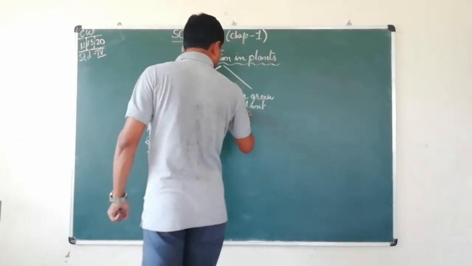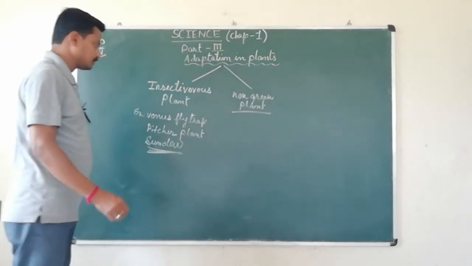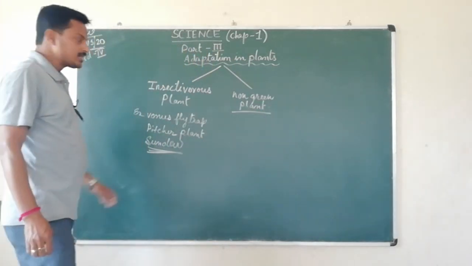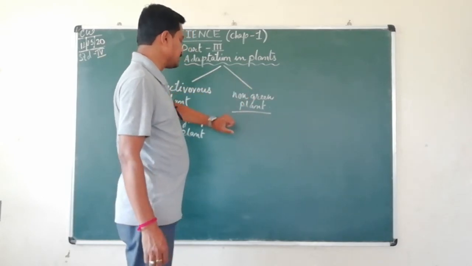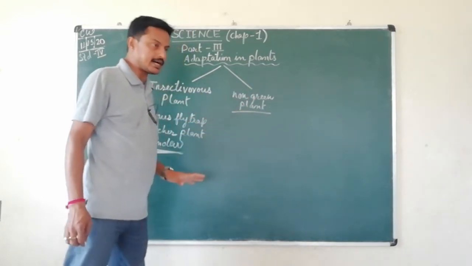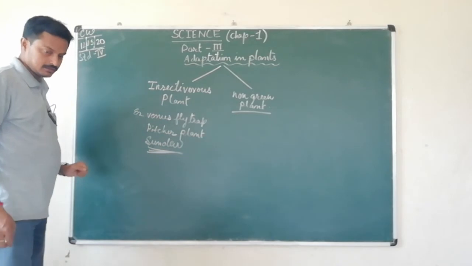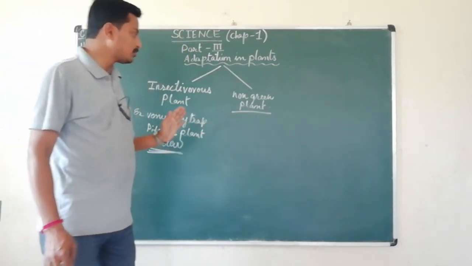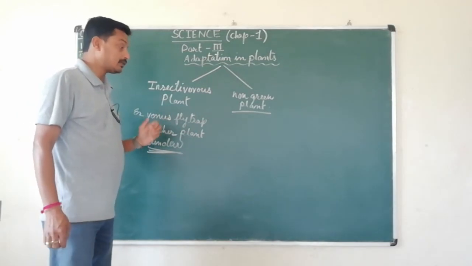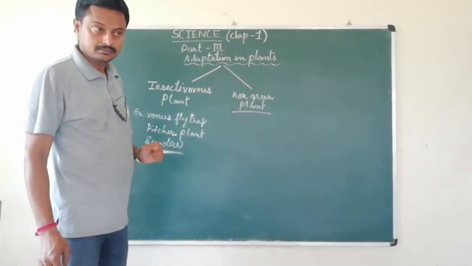Let us talk about non-green plants. As the name suggests, the leaves of those plants are not green in color. From this we can understand that if it is not green, the leaf doesn't contain chlorophyll.